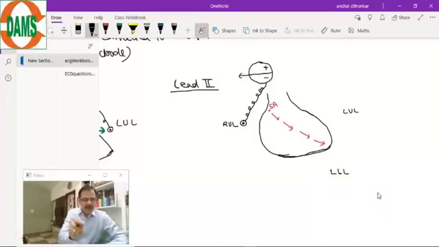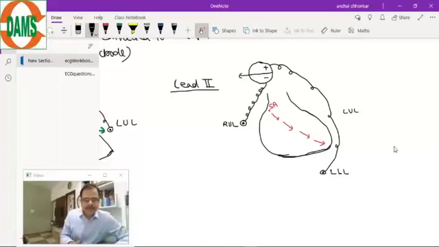So the right upper limb becomes the reference electrode for lead 2. And from the left lower leg, we take another wire and connect it to the positive pole. Like this, this becomes lead 2.